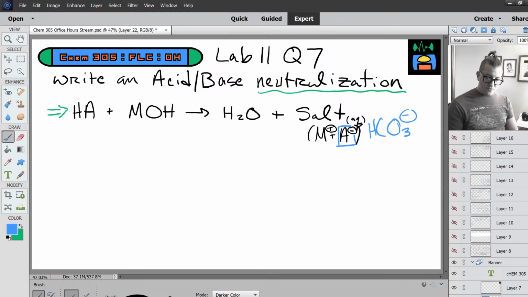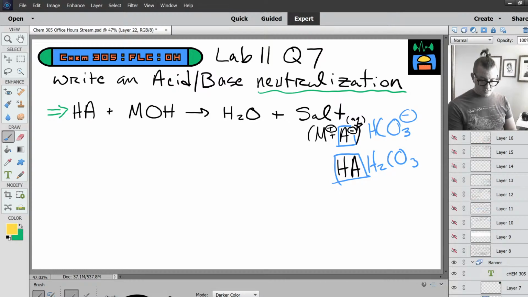All right, so if A minus is bicarbonate, then HA has to have the same formula, just one more hydrogen attached to it, right? So we've got A minus and HA. We just need a metal that will be soluble in water when combined with bicarbonate.